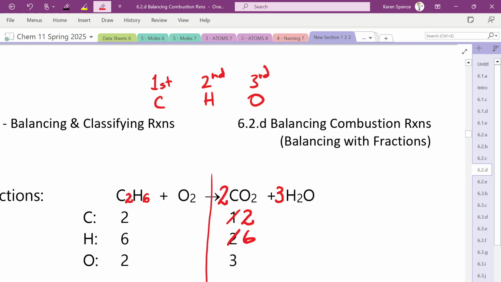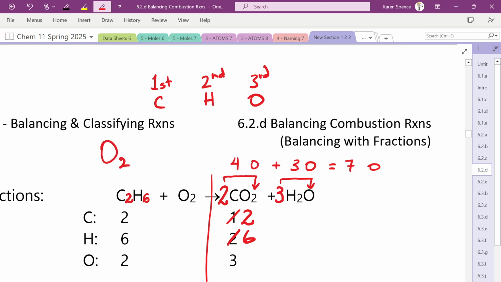Now I can look at my oxygens: I have 2 times 2 is 4 oxygens, and over here I have 3 times 1 is 3 oxygens. That gives me a total of 7 oxygens. And this is why we use a half, because now I need 7 oxygens, but I've got an O2.